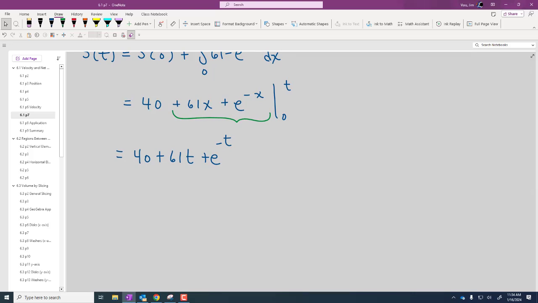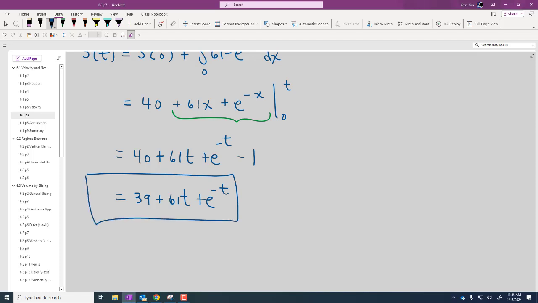Now we subtract off the antiderivative at 0. So subtract off 0 and then subtract off 1. So our final answer: 39 plus 61t plus e to the minus t. Future position.